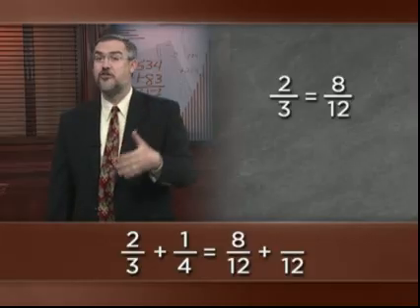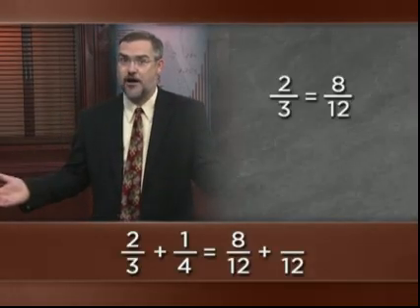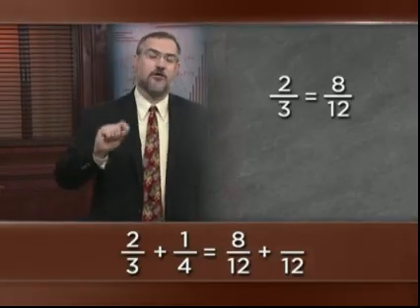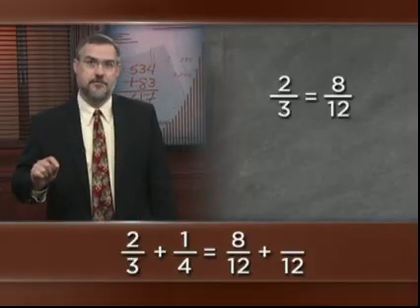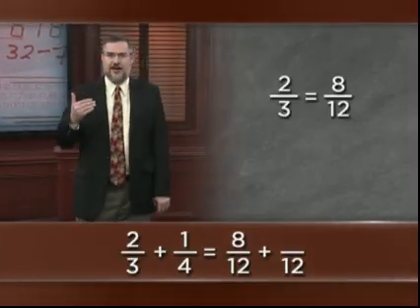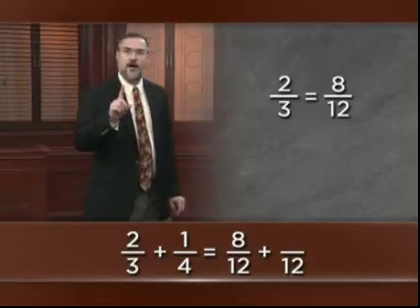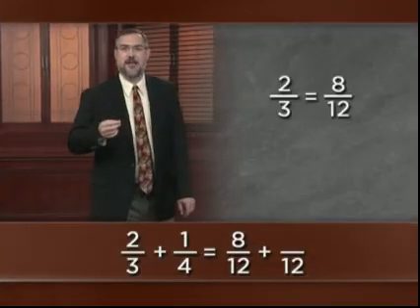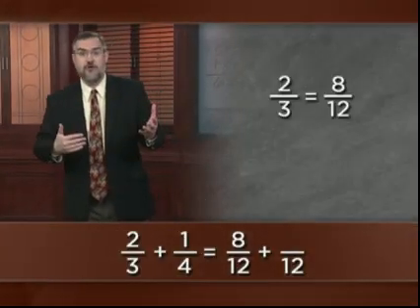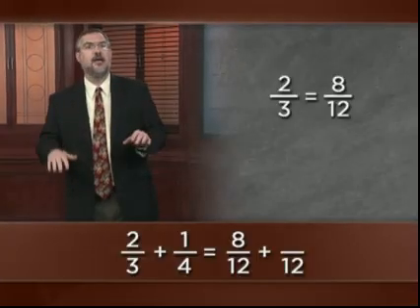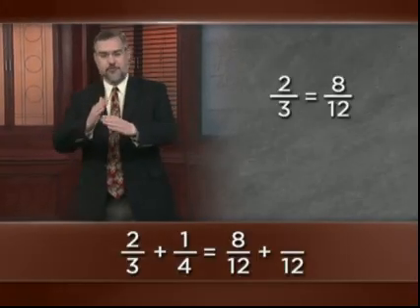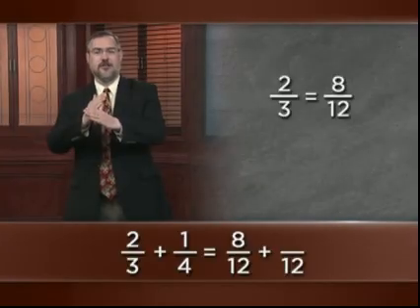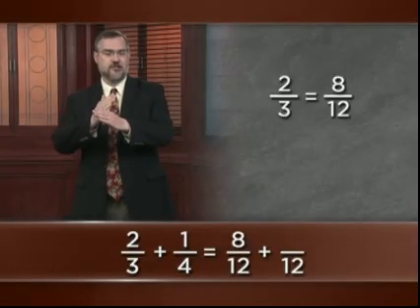That's what I wanted. The numerator, by the way, just comes along for the ride. It's the denominator here that I wanted to force to be a 12. So now I want to think of this 2/3 as 8/12 instead. Okay, and they're equivalent, so I can easily do that. If you're not sure that they're equivalent, remember that cross-multiplying idea that we did in one of our previous lessons.